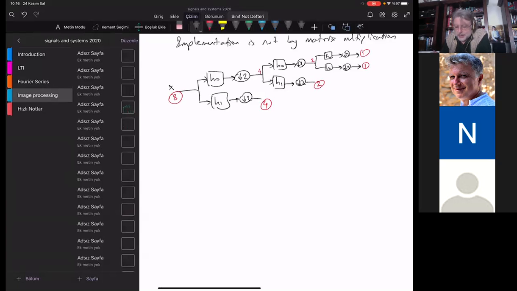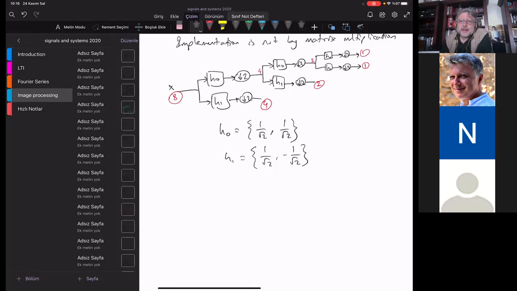This is the way to implement the Haar transform for H0 equal to 1 over square root of 2 and 1 over square root of 2 filter, and H1 to be 1 over square root of 2 and minus 1 over square root of 2 filter.